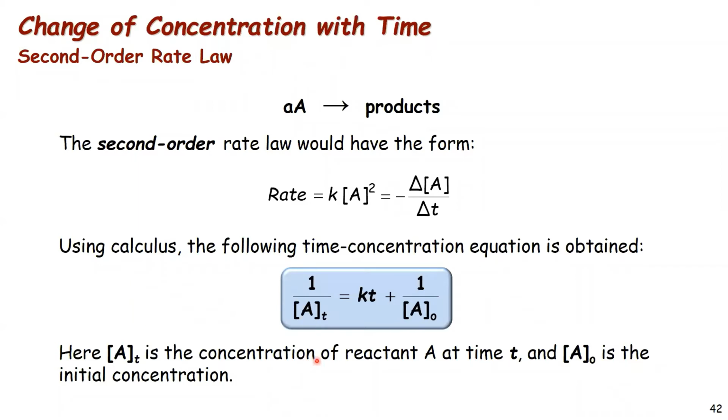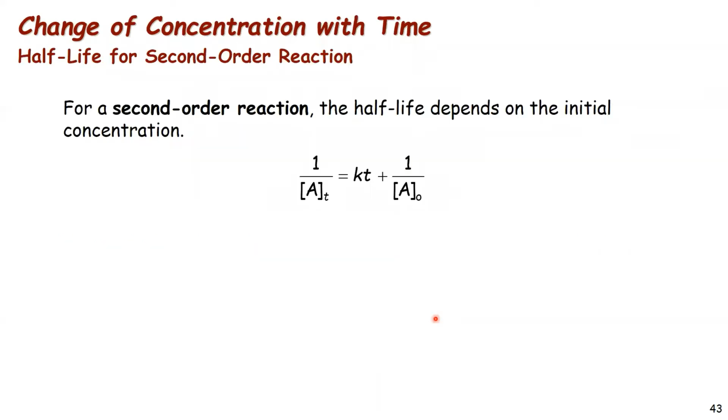And going through and doing the whole calculus that we did for the first order equation, and again, I won't go through that derivation here, but if you do the calculus, you end up with this equation here. So the time-concentration equation for a second order reaction: 1 over the concentration at time t is equal to kt plus 1 over the initial concentration. Okay.